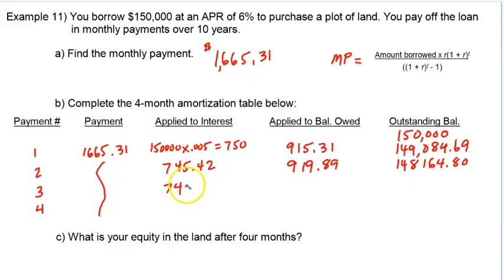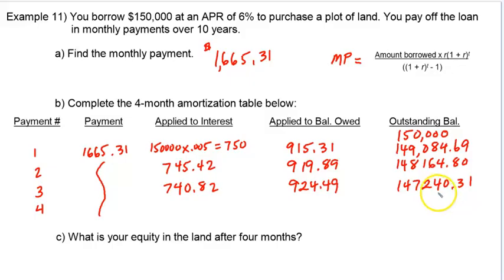All right, now that balance gets multiplied times 0.005. That's 740.82. Our applied to balance owed figure, the payment minus 740.82, is 924.49, and the new outstanding balance is the previous outstanding balance minus 924.49, which is 147,240.31. And we'll do one more.